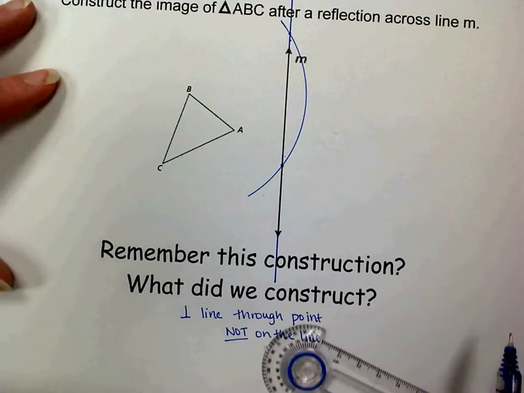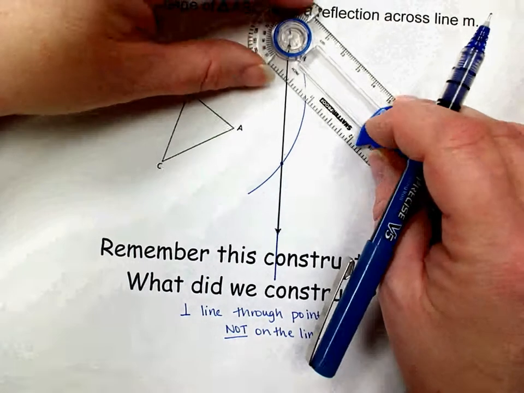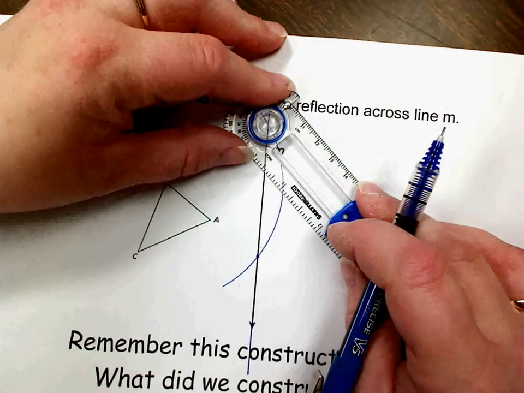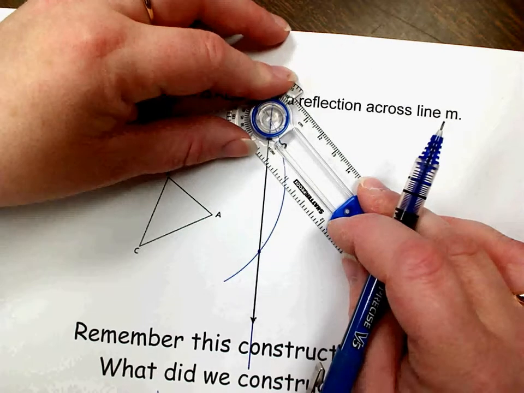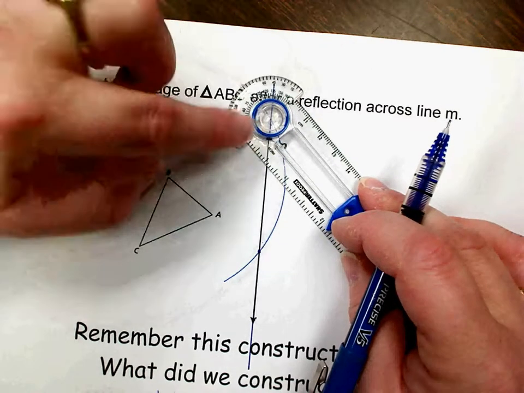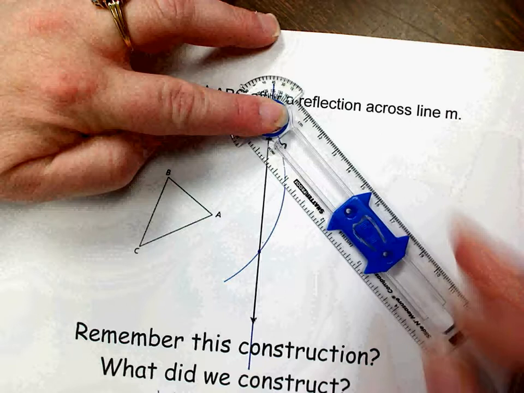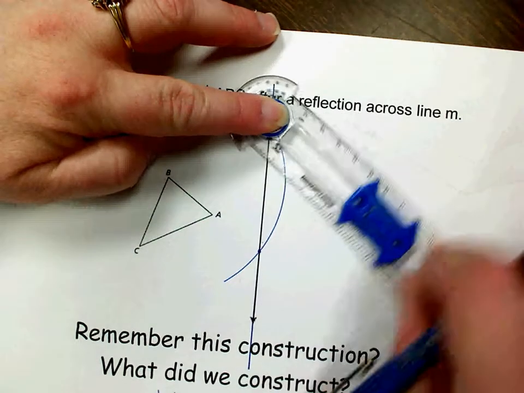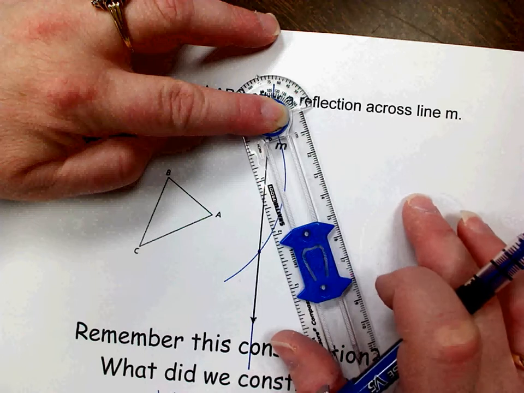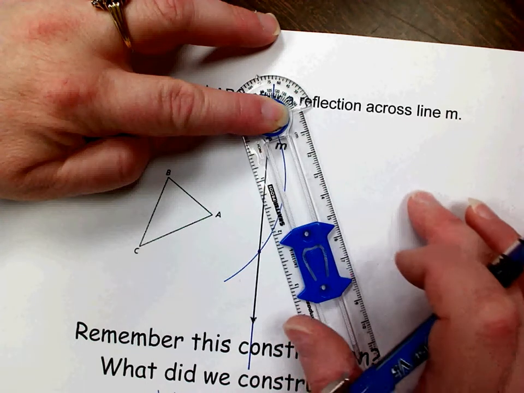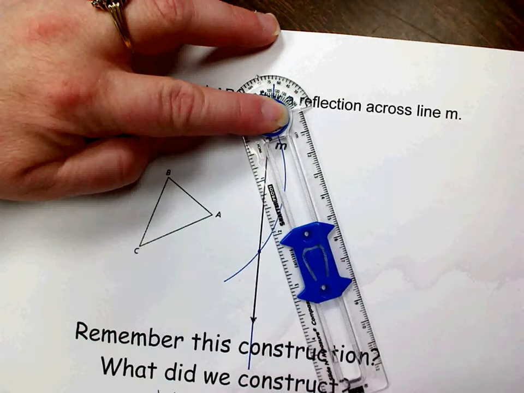Now you're going to move the point of your compass to one of those points of intersection. It doesn't matter which one you start with because you're going to do it from both points. So once you have the point of your compass at that mark, you want a setting that will allow you to draw arcs on the other side of the line across from B. We're looking for an intersection of arcs here that we can connect and make our perpendicular line.